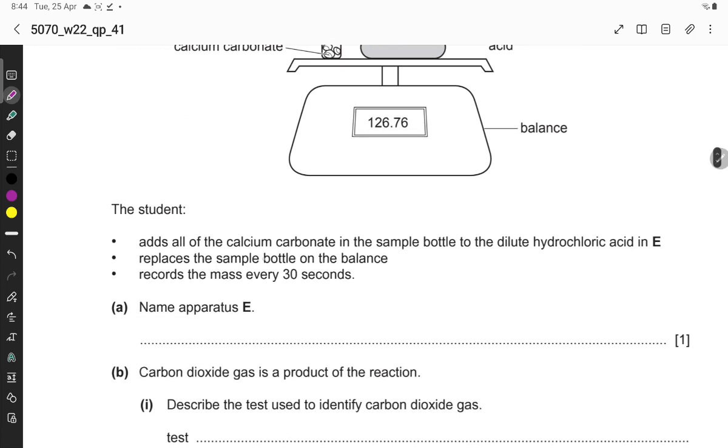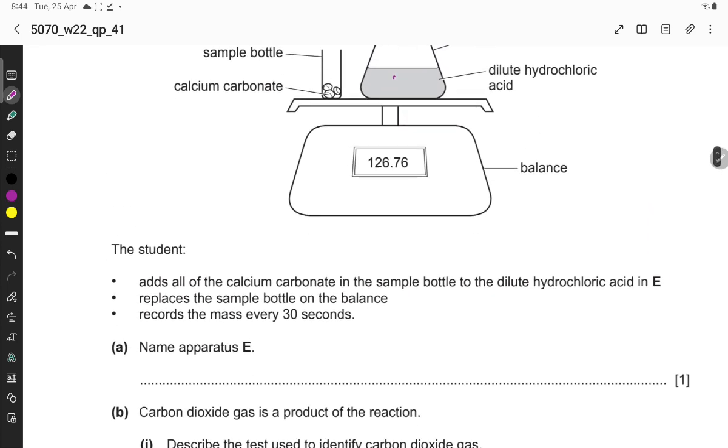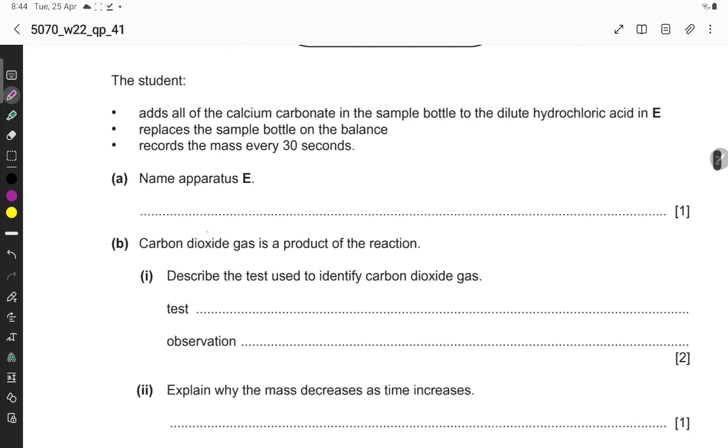The student adds all of the calcium carbonate in the sample bottle to the dilute hydrochloric acid in E, replaces the sample bottle on the balance, and records the mass every 30 seconds. Name apparatus E. Apparatus E is the conical flask.